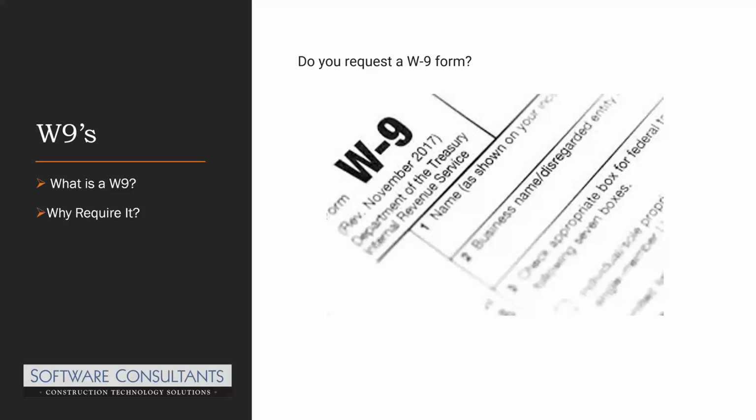You're going to get notification that something was submitted incorrectly, and you're going to have to fix it. And eventually, the IRS could come back to you and say you have to pay the income tax on that money that you submitted to that vendor because they are not paying the income tax.